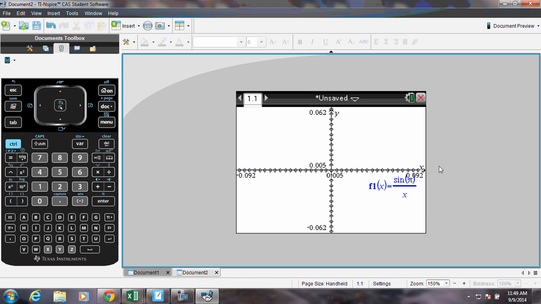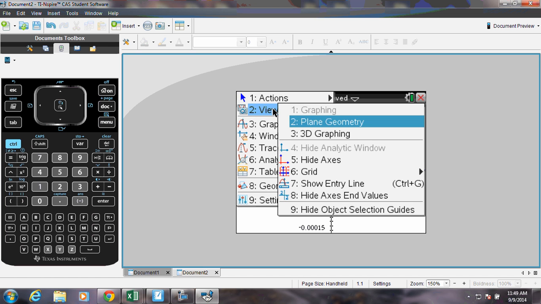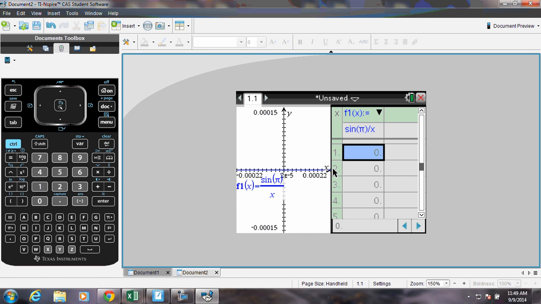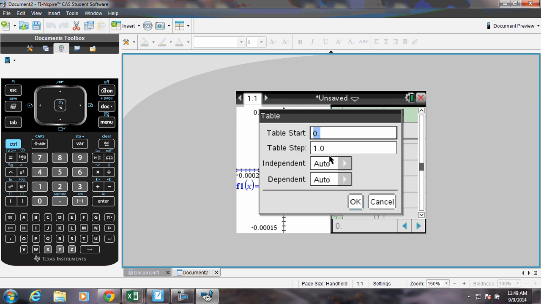I'm going to grab this and start coming in closer. Okay, and let's zoom in more. And let's zoom in more. And let's zoom in more. So when we come back to this piece, we can put in the table, split screen, and then we'll go menu and table settings.